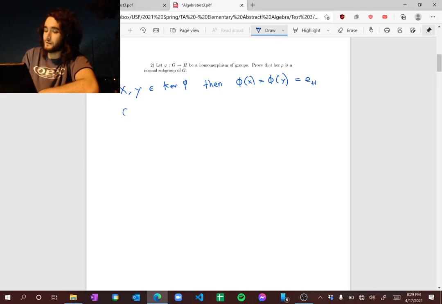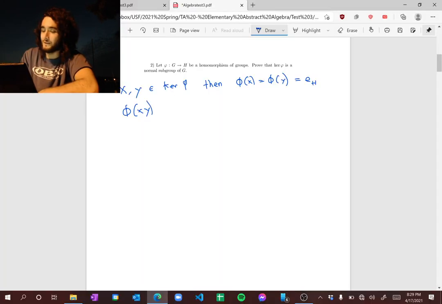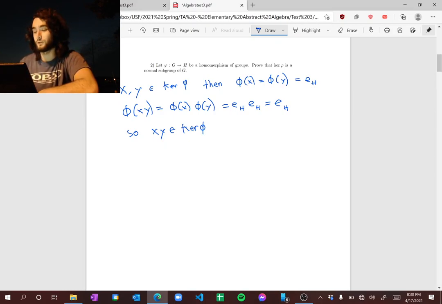So then, since phi is a homomorphism, and I realize I'm mixing my capital and lowercase phi's here, but that's okay, the product is going to be E as well, because it's just E times E. So that means it's in the kernel.